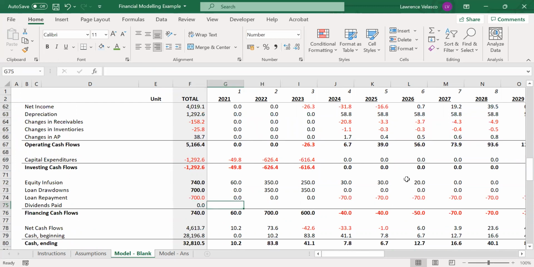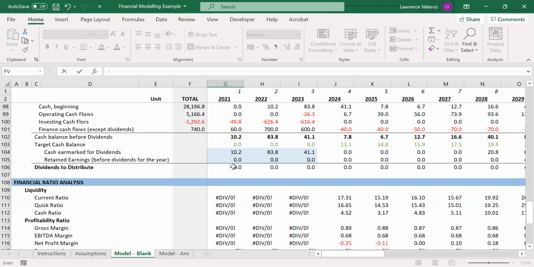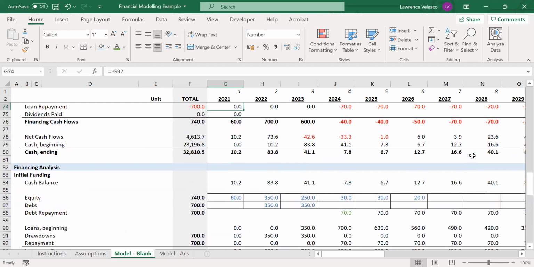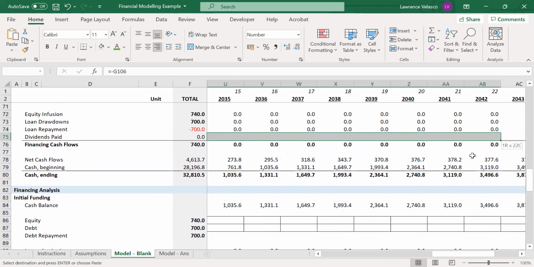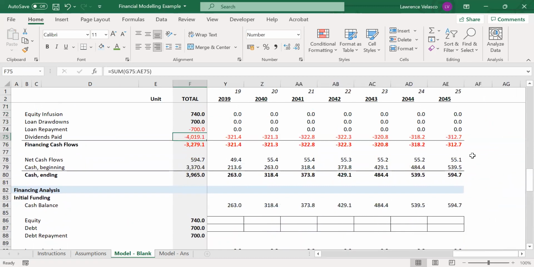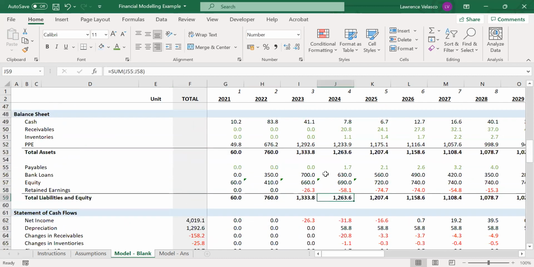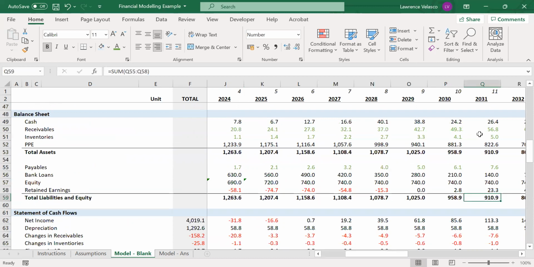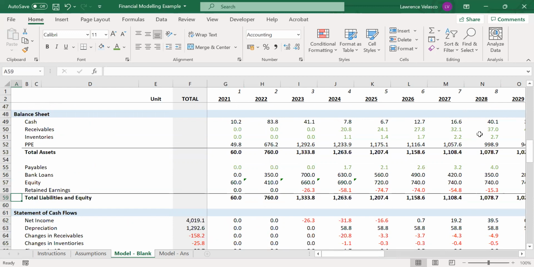Here, dividends paid. Okay? Yeah. So based on this, dapat balance pa rin yung balance sheet mo. Yeah. So there, I was able to now provide the forecast.